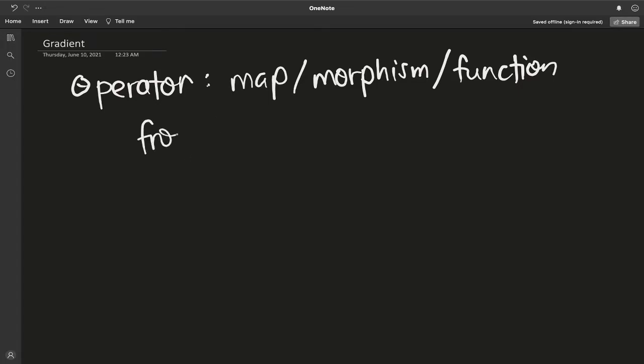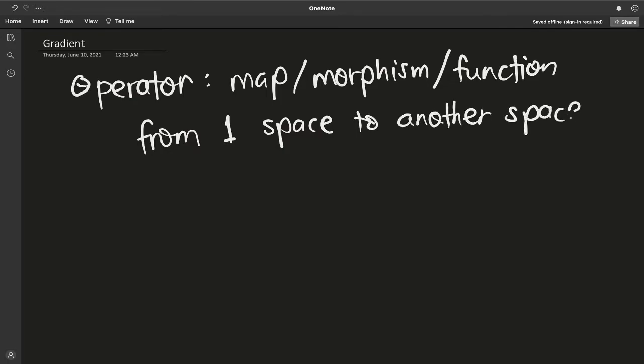So from one space to another space. Okay, that's a pretty broad definition. Most of the operators that we will be working with in this video series can be represented by matrices. And if you remember the three perspectives of looking at matrices, you might recall the operator or the map or morphism perspective.